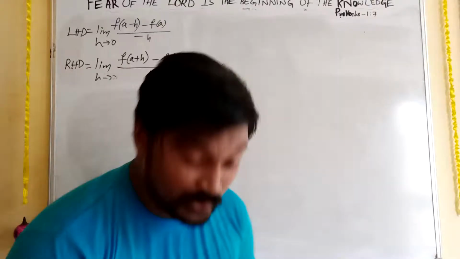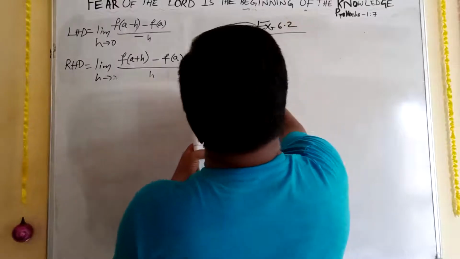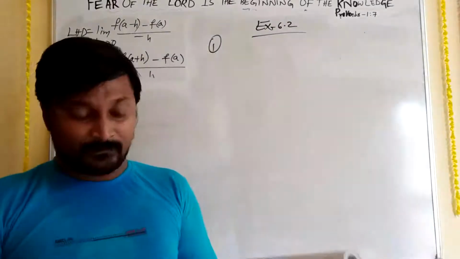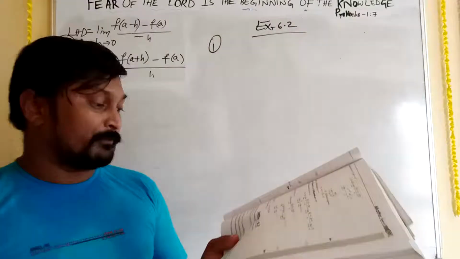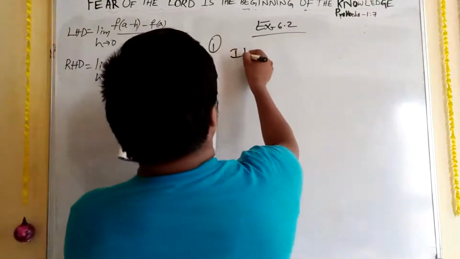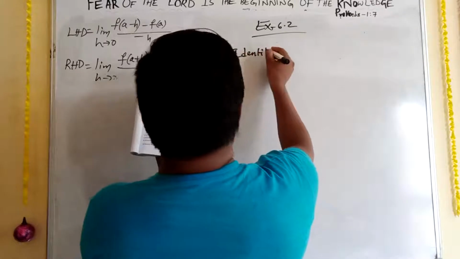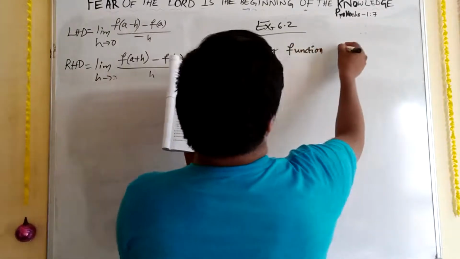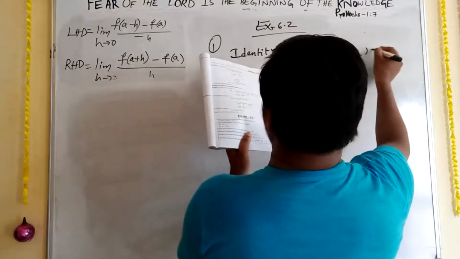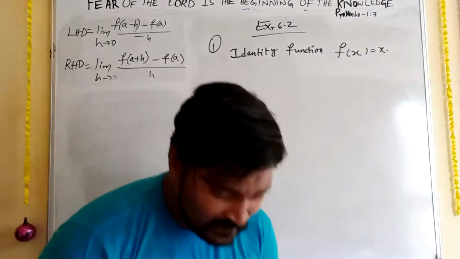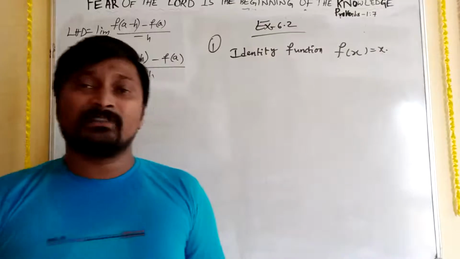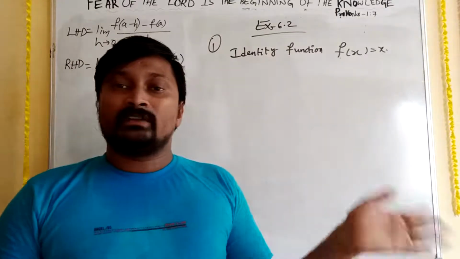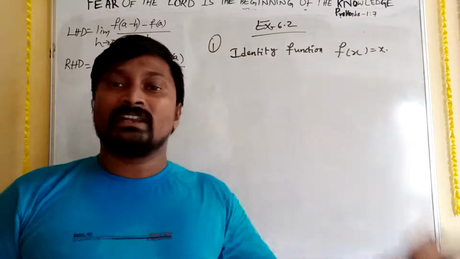So exercise 6.2, first question. Show that the following functions are differentiable at x. First one, identity function f of x is equal to x. Okay, they did not mention at which value it is going to be continuous. You need to take any value and you have to prove it.